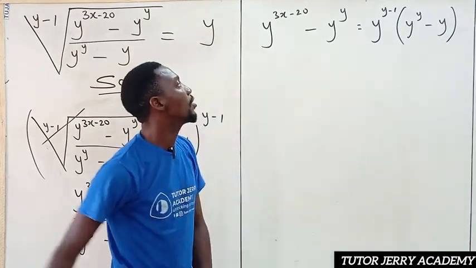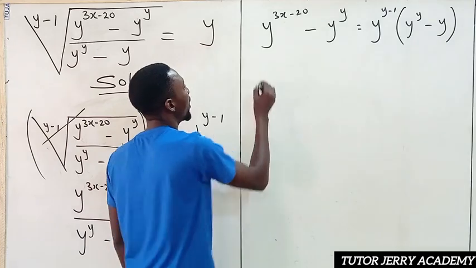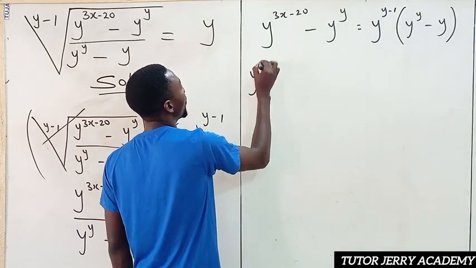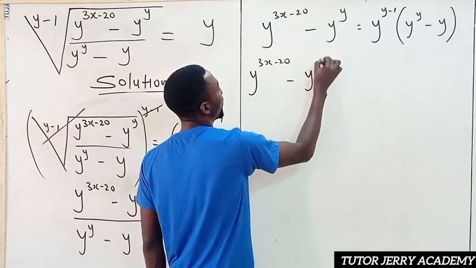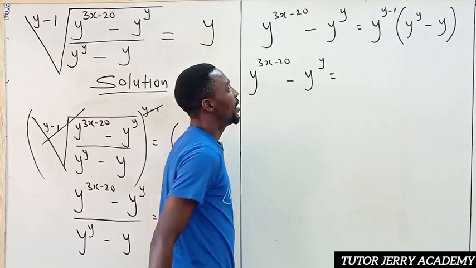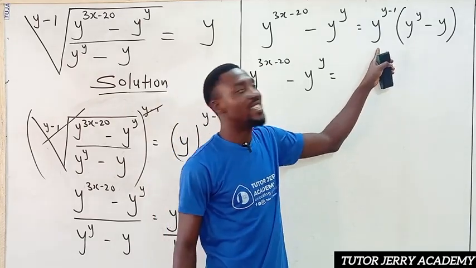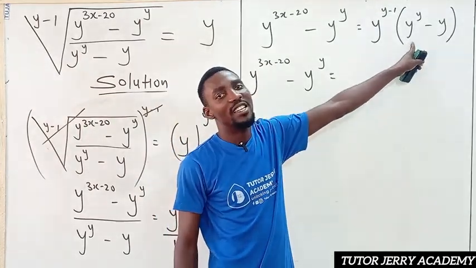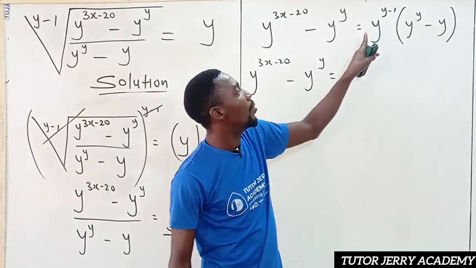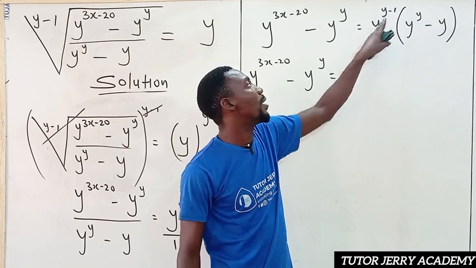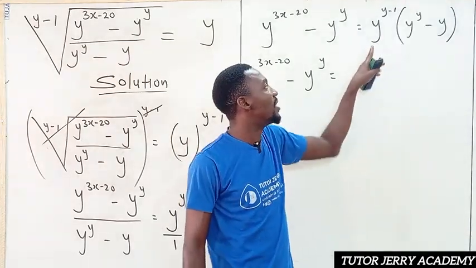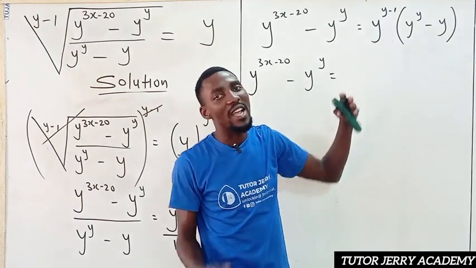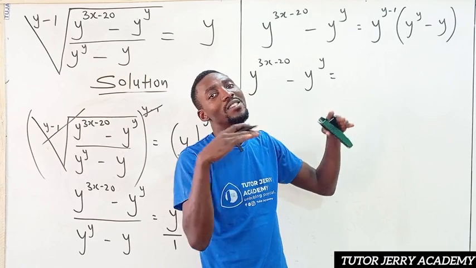Alright, so for us to proceed, we are going to have y to the power of 3s minus 20 minus y to the power of y equals to, here you can see the base here is y, the base here is y. So we are going to clear the bracket. Y to the power of y minus 1 will multiply y to the power of y, and because they are having the same base, indices says we are going to add the powers together.